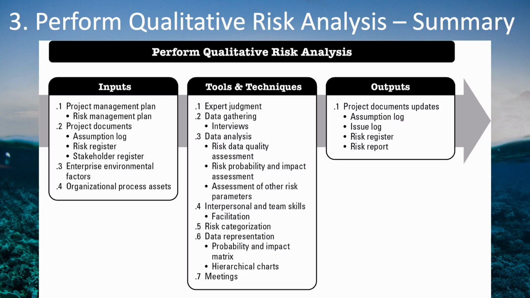Your tools and techniques include expert judgment, data gathering, different data analysis techniques, particularly the probability and impact assessment, interpersonal and team skills that you'll use in your meetings, the categorization of risks, and the representation of this analysis using a probability and impact matrix, or if you're using more factors, other hierarchical charts or multidimensional charts.